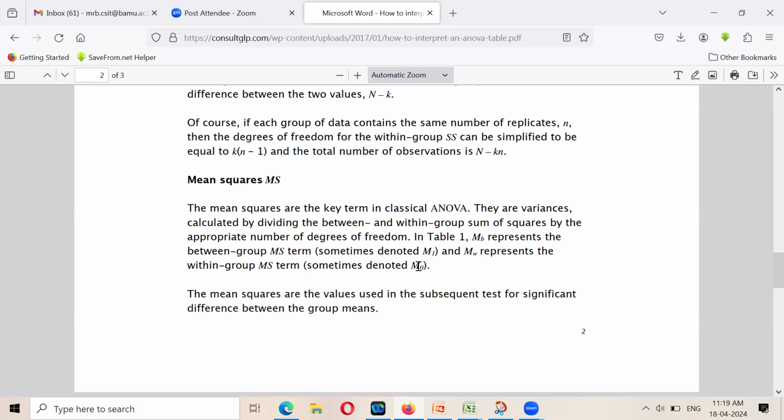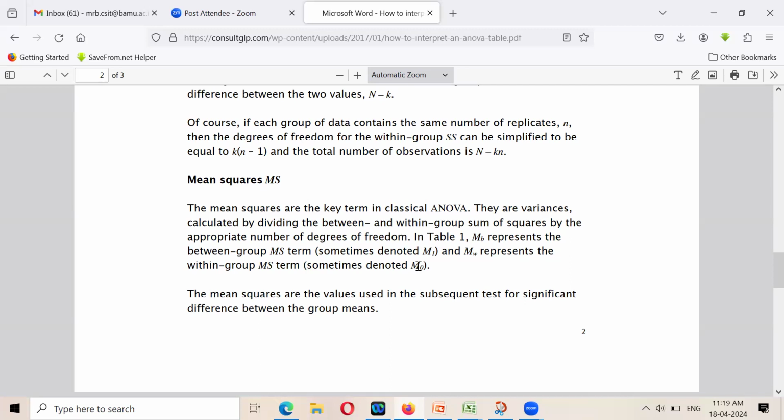But what happens behind the scene is it considers all the values. It considers 3 groups. It considers the number of data points in each group. Then it compares each and every group. So for comparing, it takes only 2 groups at a time, so it takes k-1. It takes n-1 for the within the group comparison. Suppose I am storing the marks of 10 students, so each mark will be compared with another mark within the group.